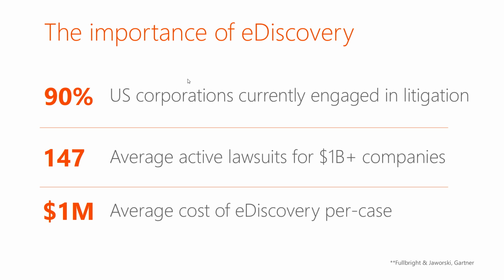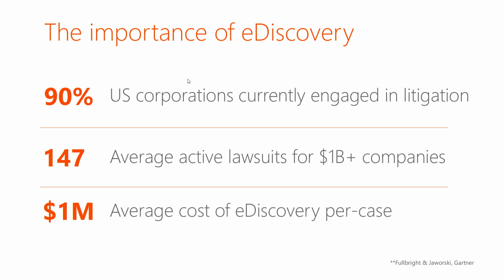We're obviously worth more than $1 billion. And as you might imagine, as a result of being a large multinational global company, we have active litigations going at all times. And per case, the average cost of eDiscovery, and this is just the eDiscovery part, not defending or prosecuting the whole case, is an average of about $1 million US dollars per case.